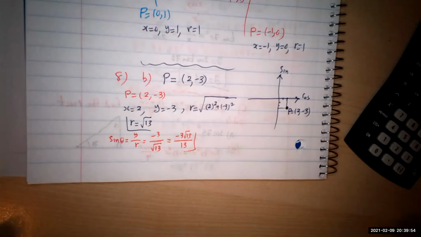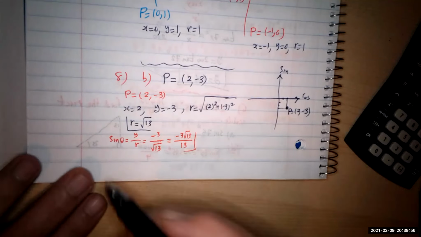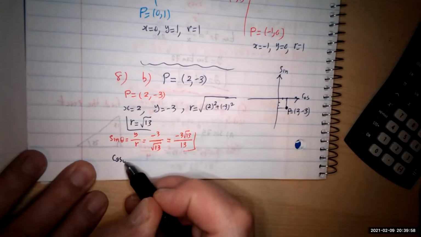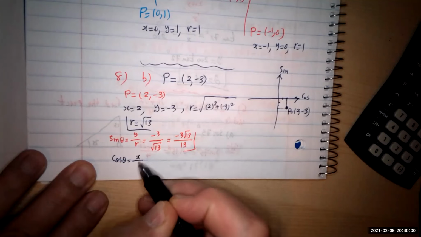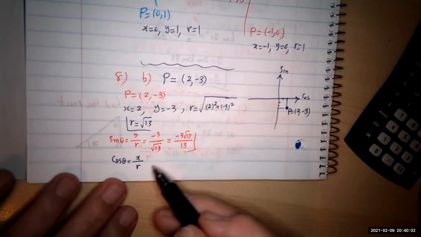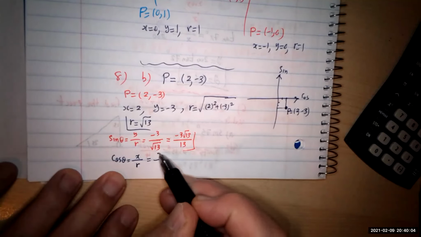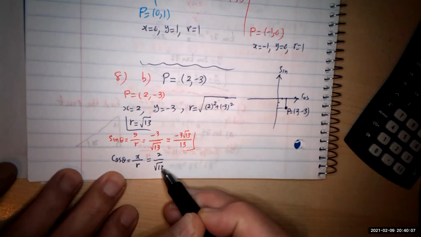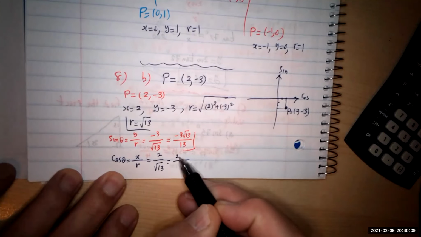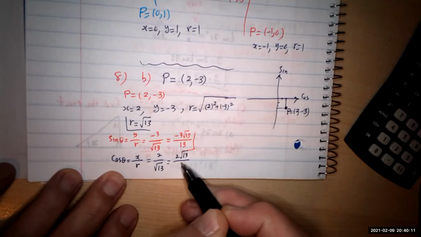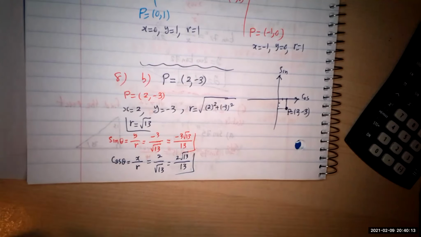Cosine is x over r. X is 2, so 2 over radical 13. That gives 2 radical 13 over 13 as the cosine.